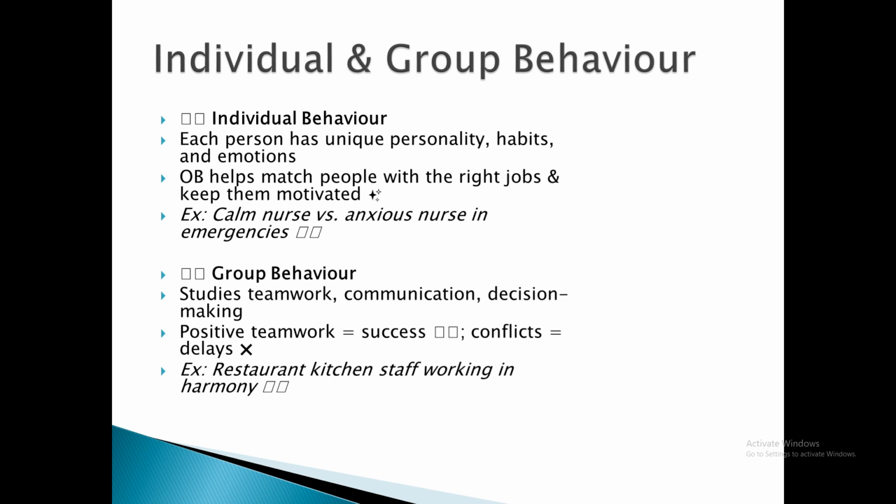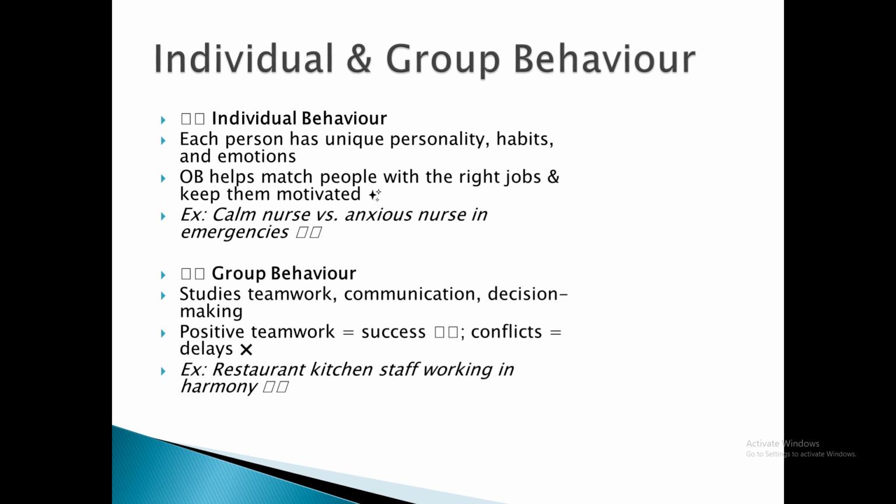So if you are calm, even if the tension is inside, this particular attribute is required in the ICU. A person having that quality should be placed in the ICU to get better productivity and better results.